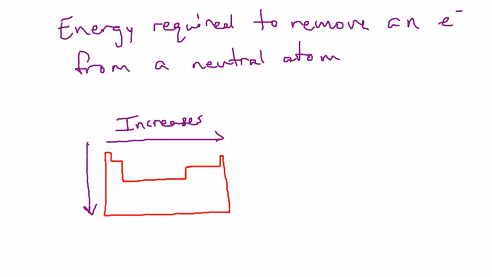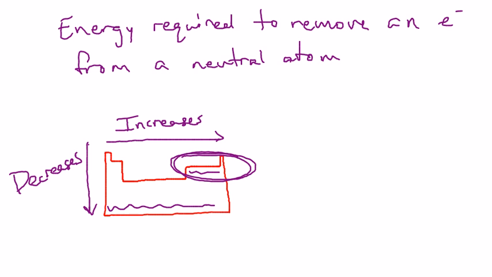So the ionization energy decreases. Because these elements down here have more electrons, they're more willing to give them away. These elements up here, they don't have very many, and they're very attracted to them, so they want to keep them a lot. So the ones with the highest ionization energy are up in this area right here of the periodic table.